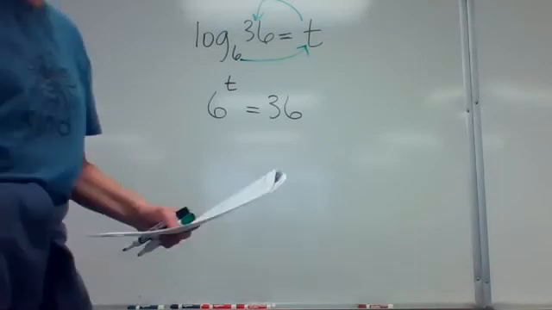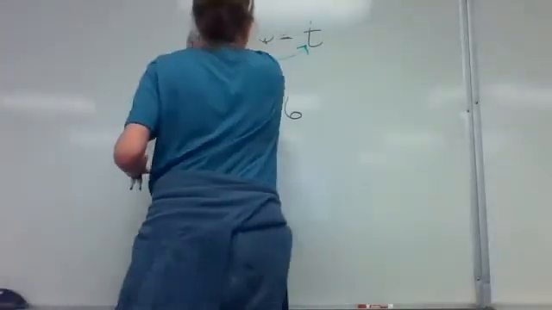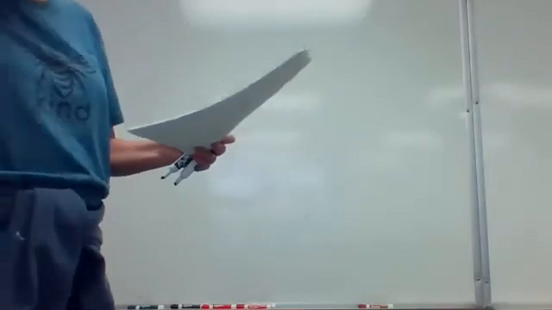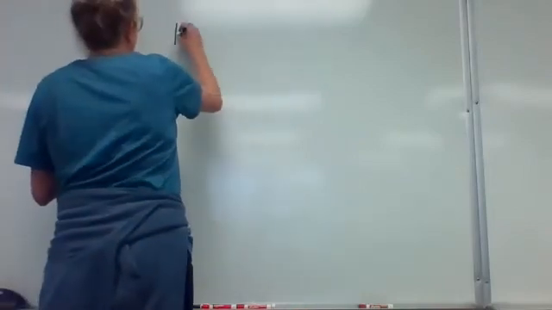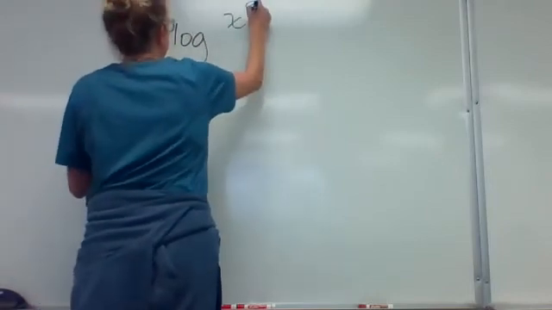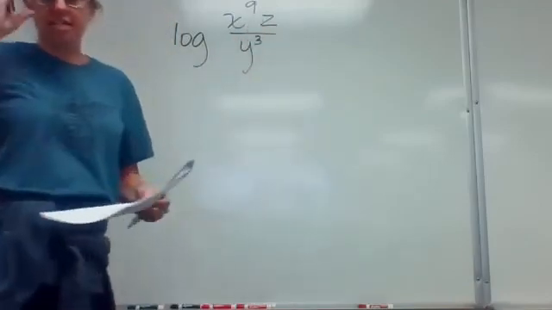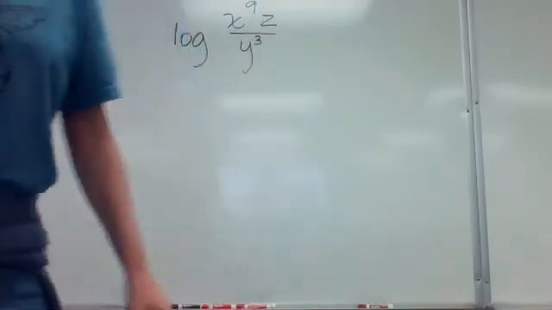Number 23. All right, express in terms of sums and differences of logarithms. So we've got log of x to the 9th, z over y to the 3rd. Again, this is out of the section that we just covered.